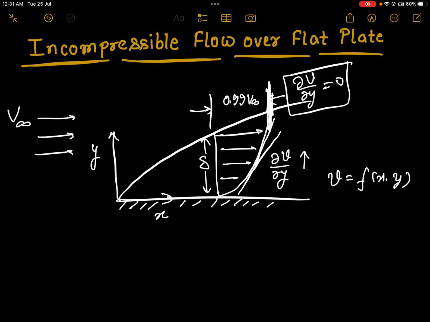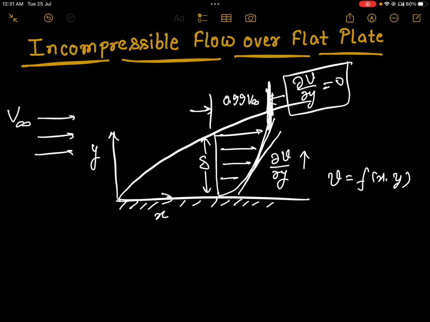So the hydrodynamic boundary layer is a thin region formed over the flat plate inside which velocity gradients are seen in the normal direction to the plate. These velocity gradients are formed due to the viscous nature, or rather momentum diffusion through the fluid layer in the normal direction to the plate.